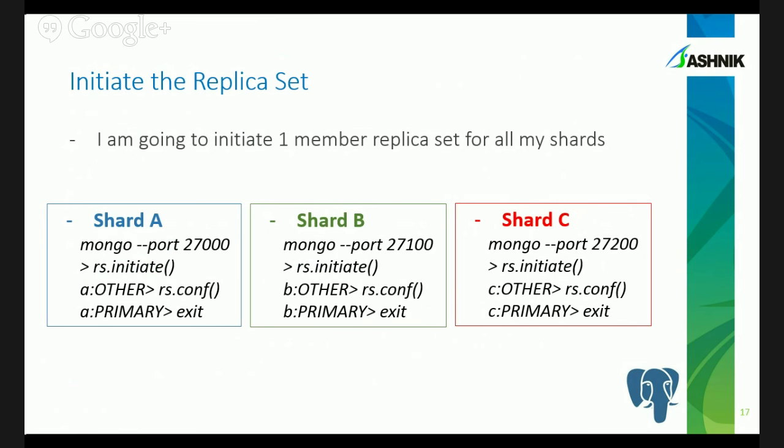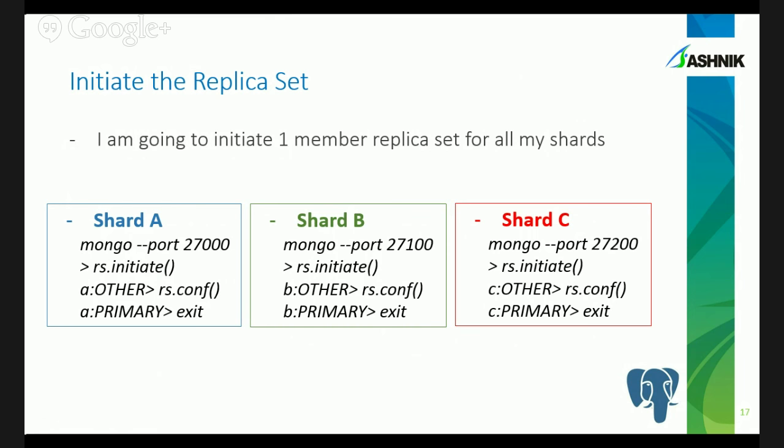Now, once the mongos service has started up, I have to initialize the replica set. Even though there is just one member, since I have defined this as a replica set, I have to initialize the replica set. So for that, you connect to individual shards, and then you have to fire the rs.initiate command.